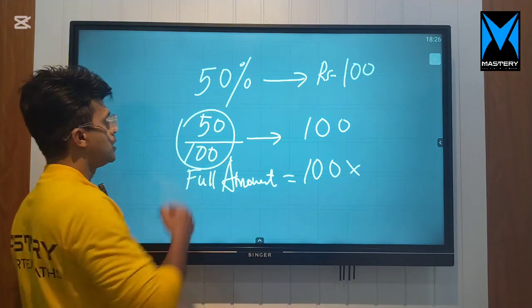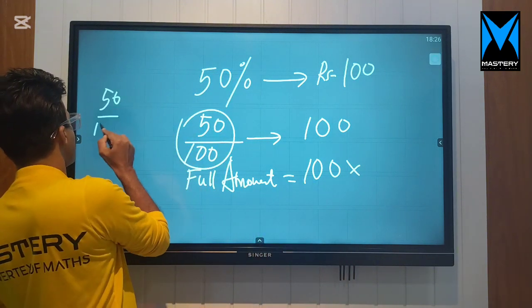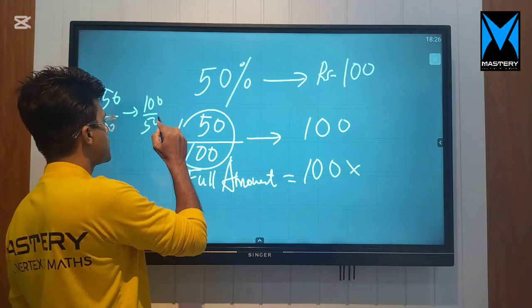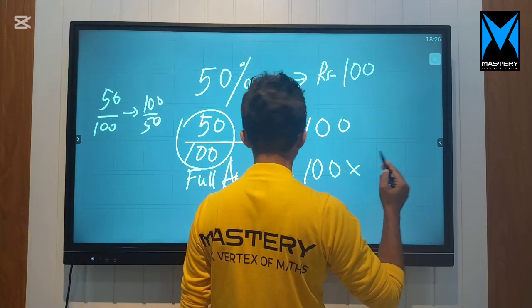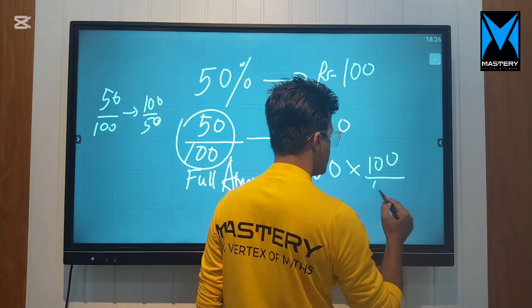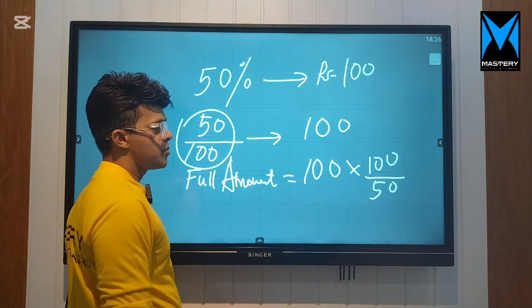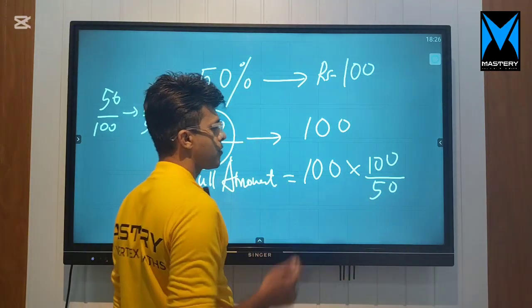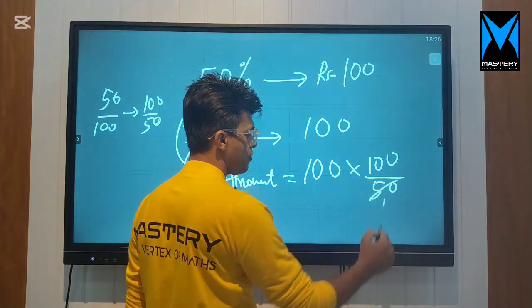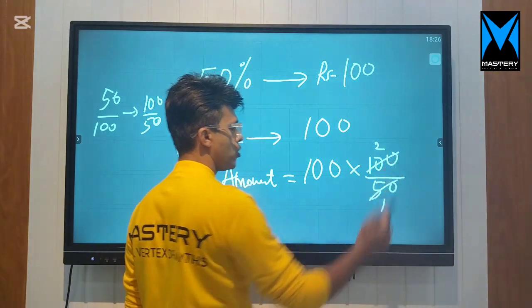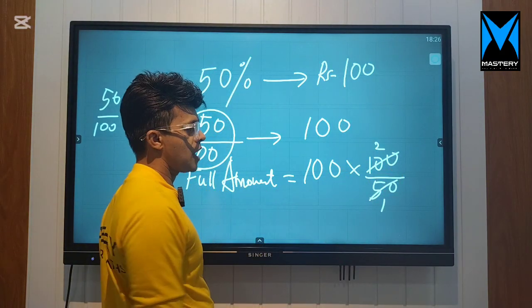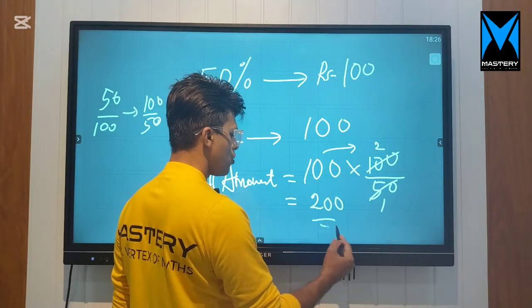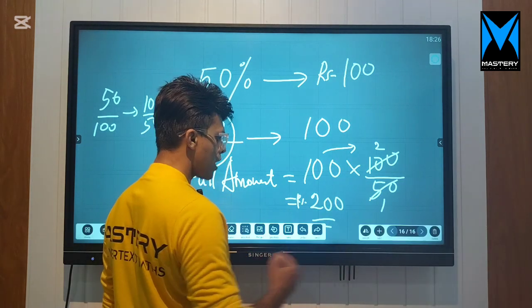The reciprocal of 50 over 100 is 100 over 50, so it is multiplied by 100 and divided by 50. There are many ways of simplifying. In 100, how many 50s are there? 2. So 100 times 2 is 200. So the full amount is 200 rupees.